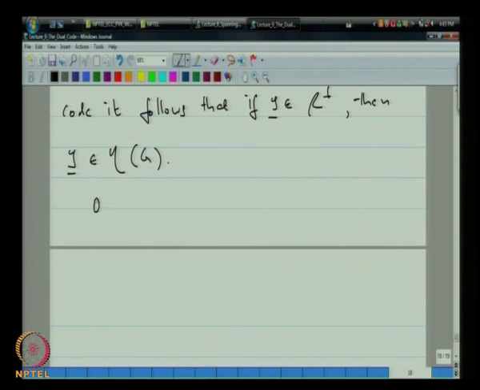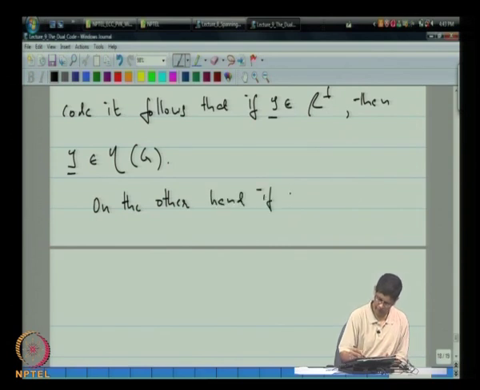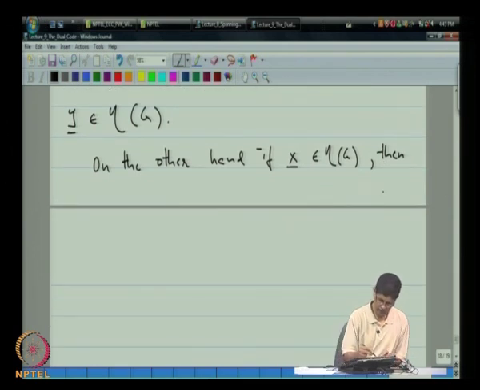On the other hand, if x belongs to the null space of G, then x transpose Gi is equal to 0.